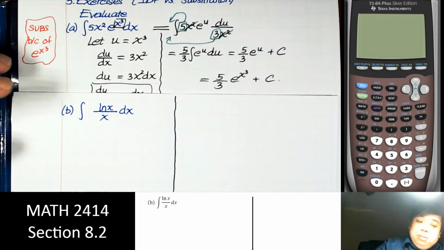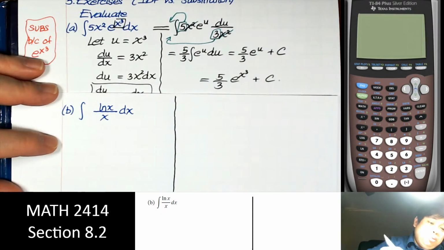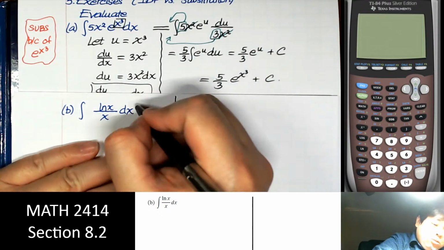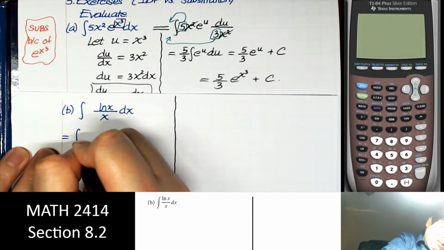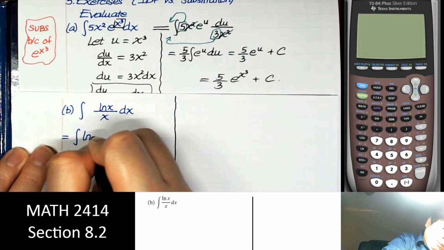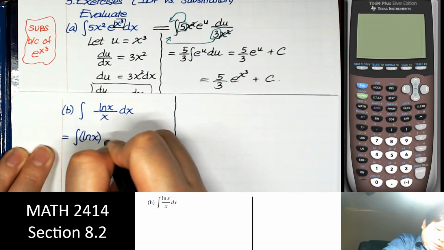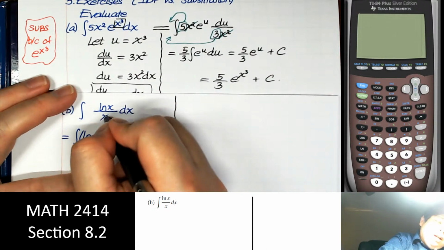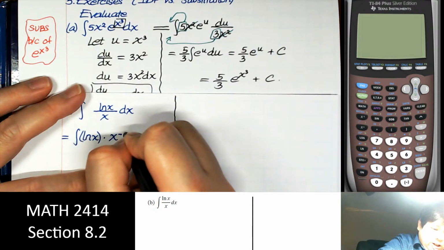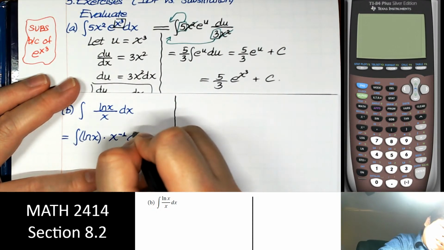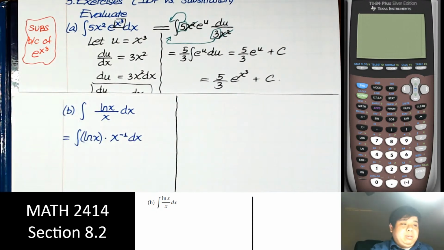By the way, if it is integration by parts, it should be written as a product. So let's write this as a product. X at the bottom, if we move it to the top, becomes x to the -1. Now we have the product.